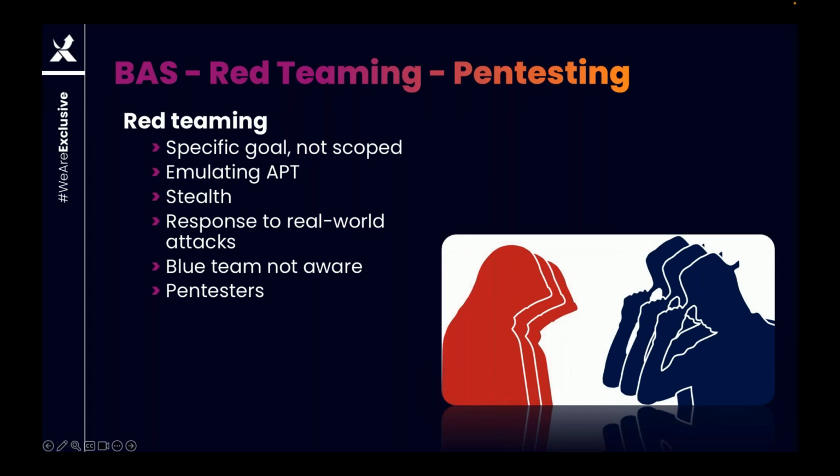They're not really aware, or they are aware, but at least they're not doing anything specifically extra, because they know the red teaming is taking place. But the red team guys are also pen testers and guys who have a lot of experience in doing these attacks. They use APT techniques, so the TTPs that we discussed from the MITRE ATT&CK framework, being used by APT groups in the wild.